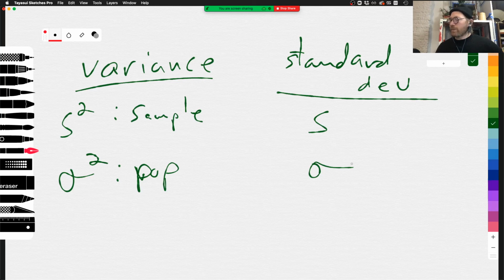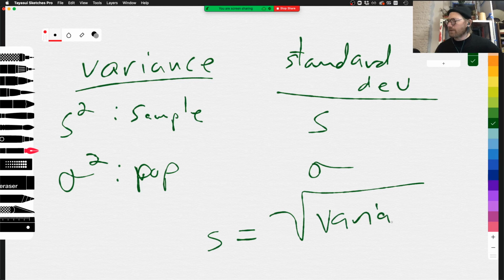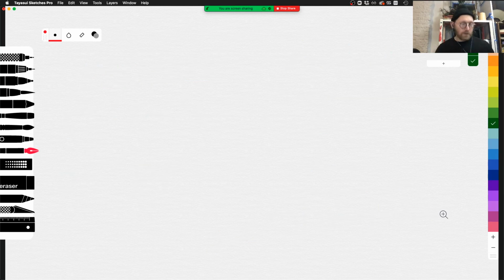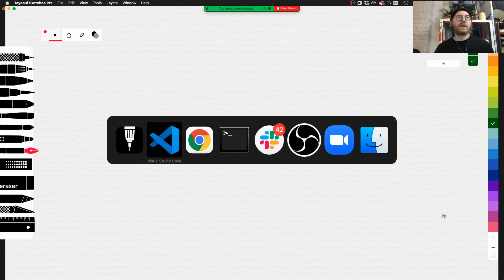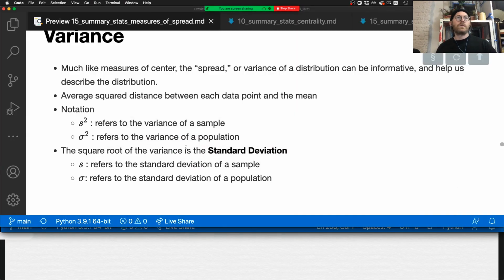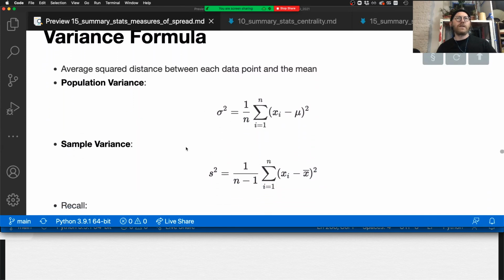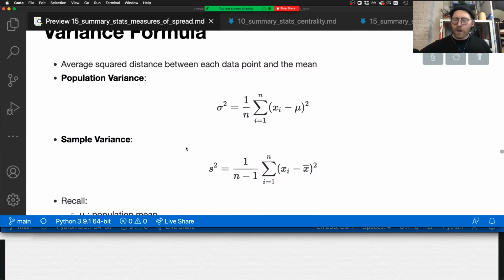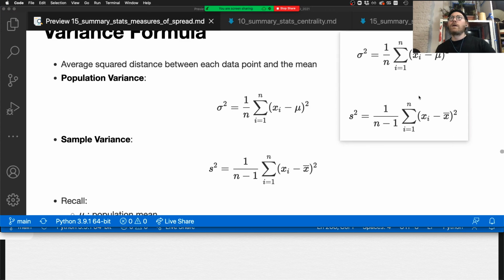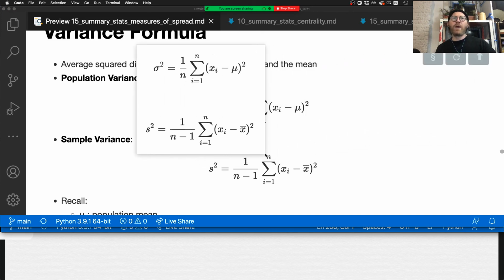So what you might imagine here is that the standard deviation is equal to the square root of whatever the variance is. And we'll look at this. So let's, we should have the formula for this right here. Now, here's where we first see a slightly different formula for a population versus a sample.